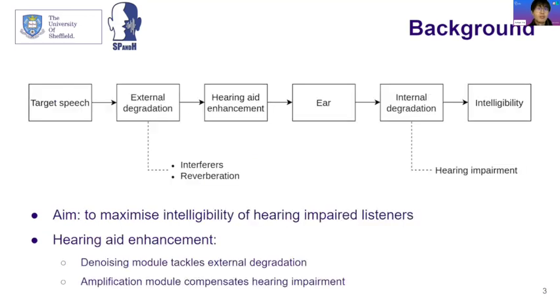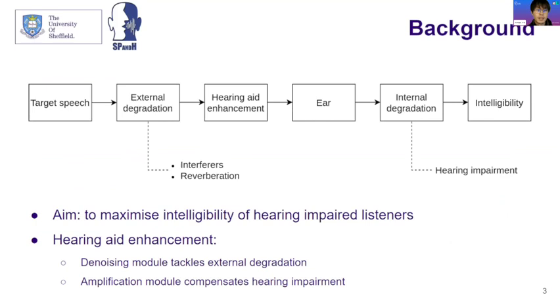Essentially, the CAC2 scenes can be described as the figure shows. A target speech is first degraded by some external degradation, which are interferers that can be speech, domestic noise, or music, and their combination as well, along with the room reverberation.